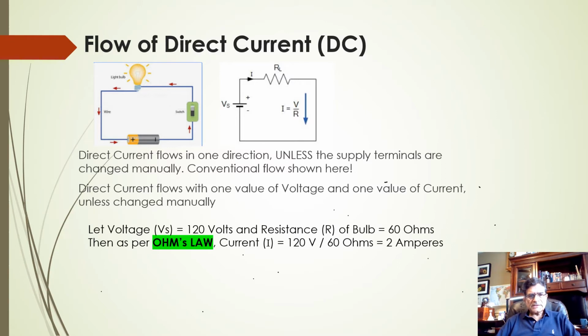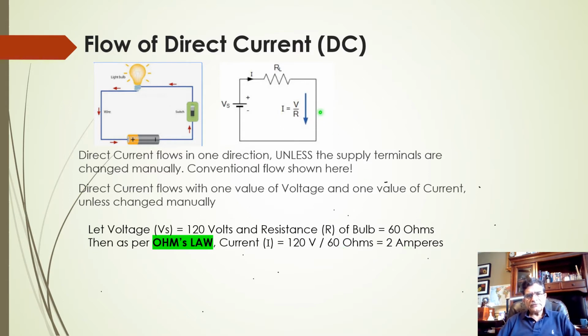So in this case, let's give a value. Assume the supply voltage here is 120 volts, and the resistance of the bulb is, say, 60 ohms. Then according to this law, I is equal to V upon R. The current is 120 upon 60, which is equal to 2 amperes.